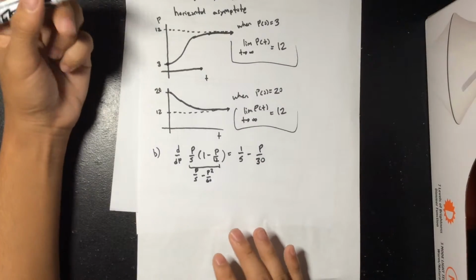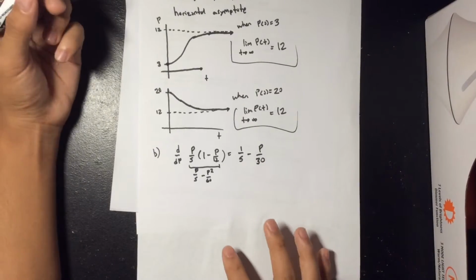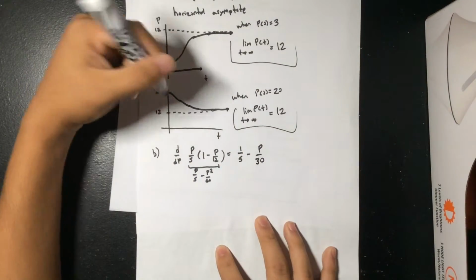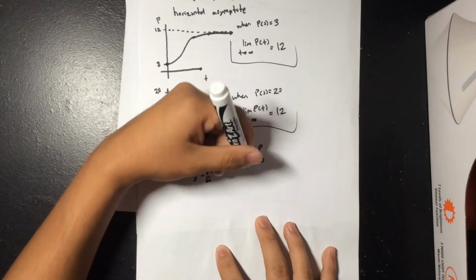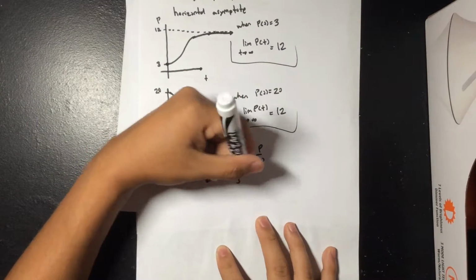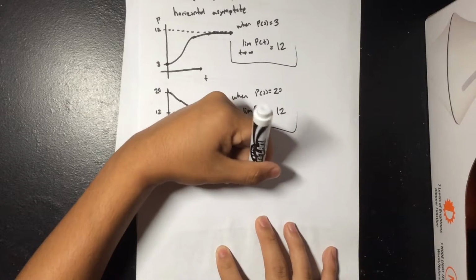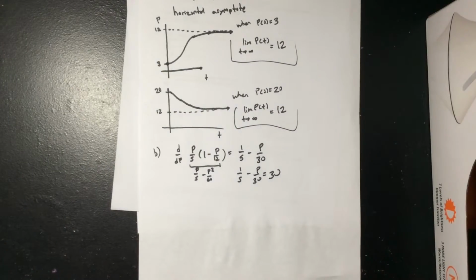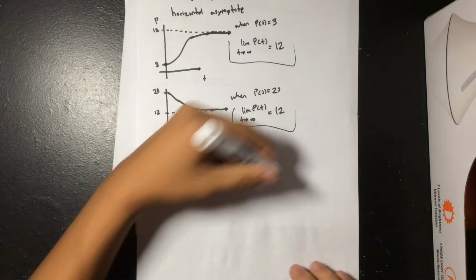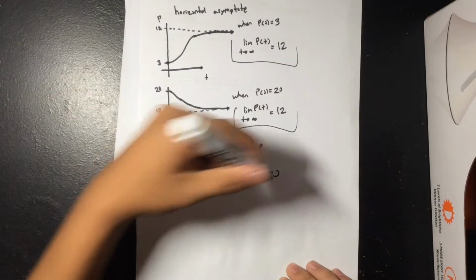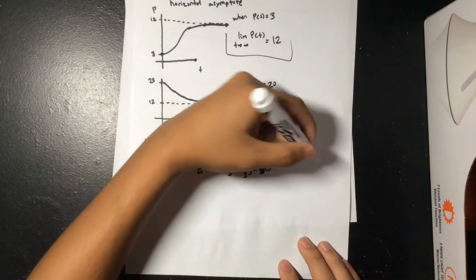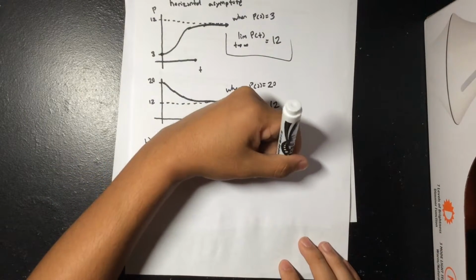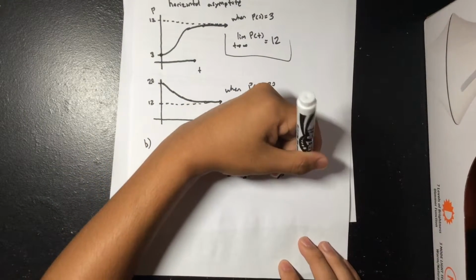In order to find the critical values, you set the derivative equal to 0. So 1/5 minus p over 30 is equal to 0. So p over 30 is equal to 1/5.